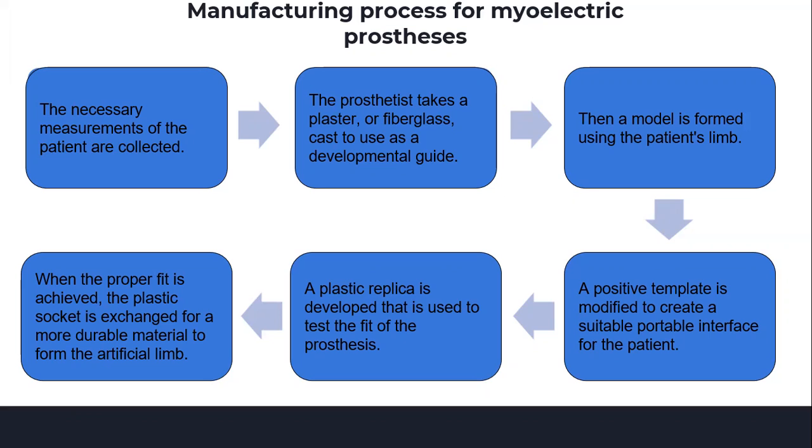Then he uses that model, formed using the patient's limb. A positive template is modified to create a suitable portable interface for the patient. A plastic replica is developed that is used to test the fit of the prosthesis. When the proper fit is achieved, the plastic socket is exchanged for a more durable material for the artificial limb.